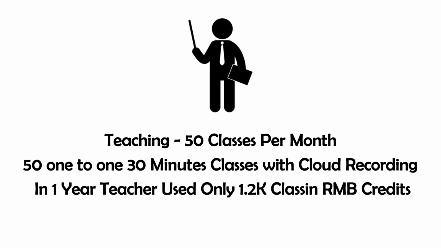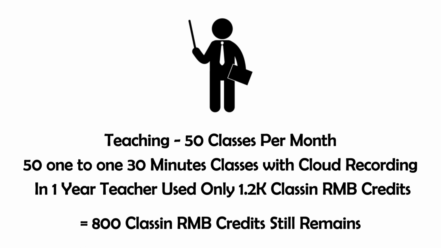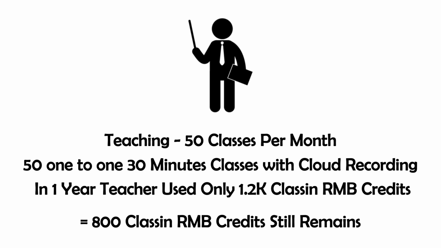So by the end of the year, you've only used 1,200 of your Classin RMB credits, and you still have 800 left to take you into the next year. So this might be a really great option for those teachers teaching around 50 1-to-1 classes per month. And remember, if you're not cloud recording, then you can make that last a lot longer.